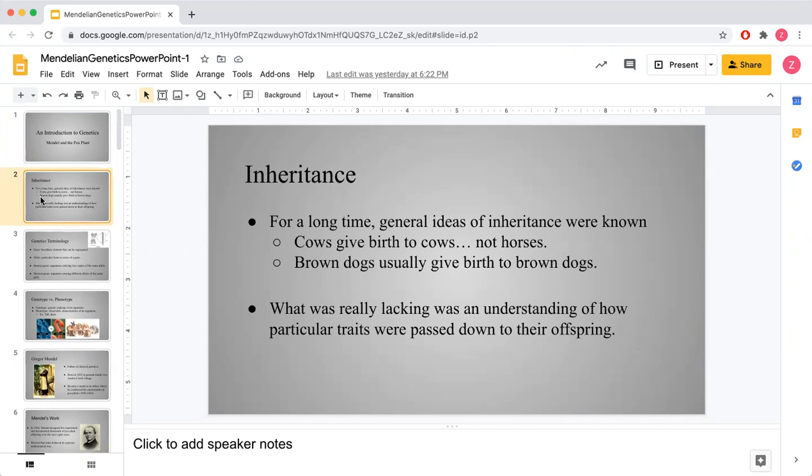People knew that cows gave birth to cows, not horses, right? That's a given. Or brown dogs usually gave birth to brown dogs. But what was really lacking was an understanding of how particular traits were passed down to offspring, to children.